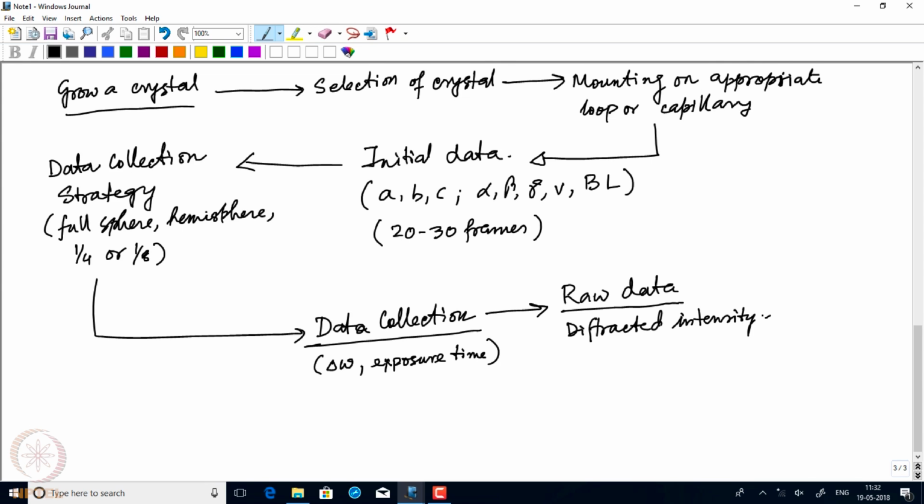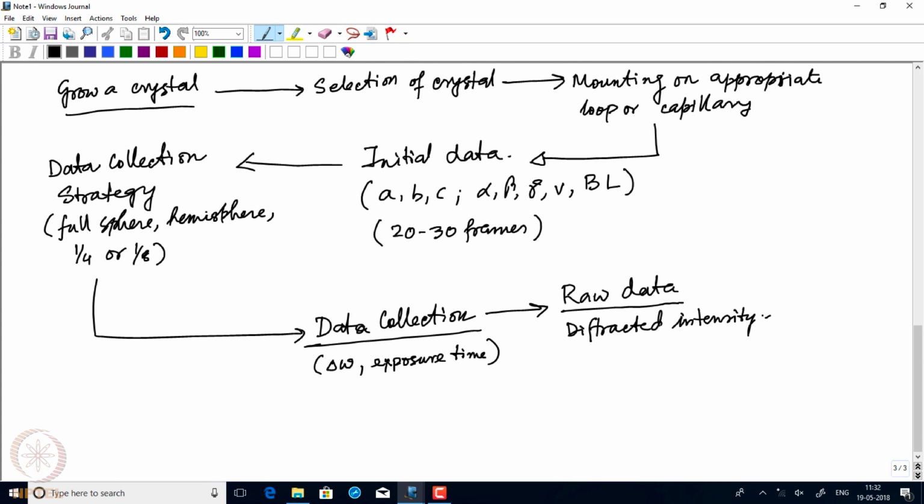So this raw data has to be converted to a standard experimental data which can then be used by any structure solution program.